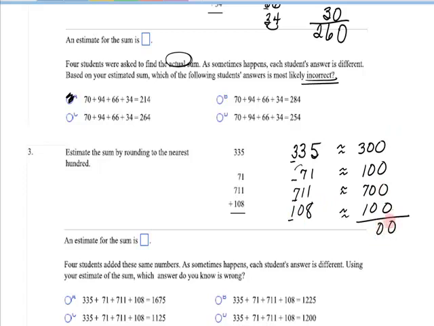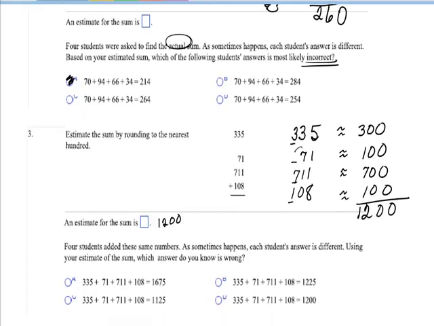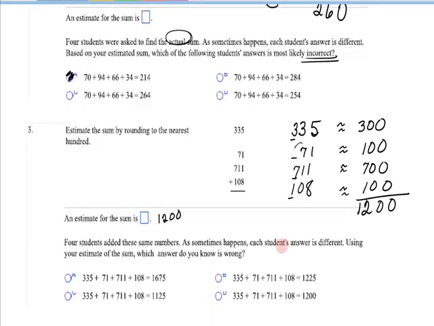If I add those, and I like to pair numbers that I see that add up to be 10, so the 3 and the 7 gives me 10, 11, 12. So 1200 is my estimate. Now, once again, some students did this, and each one of them is different.